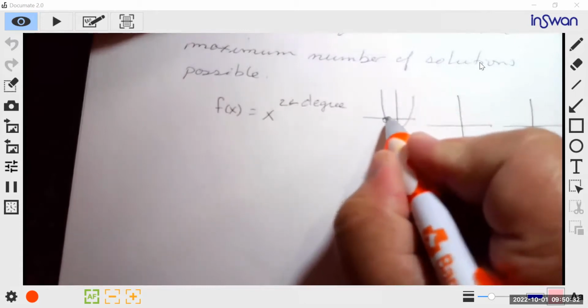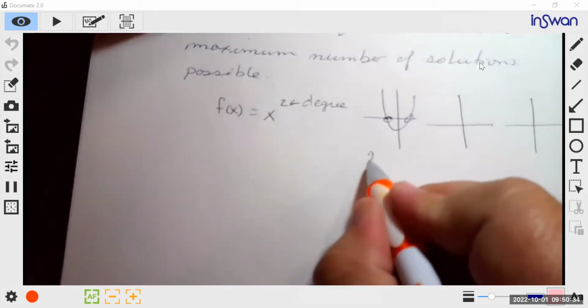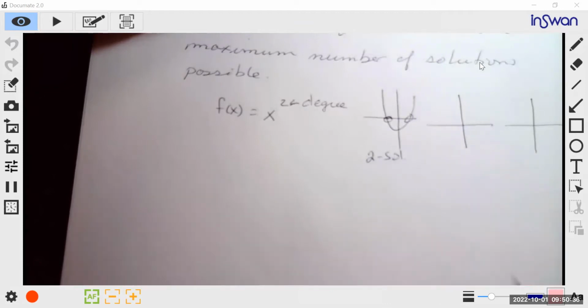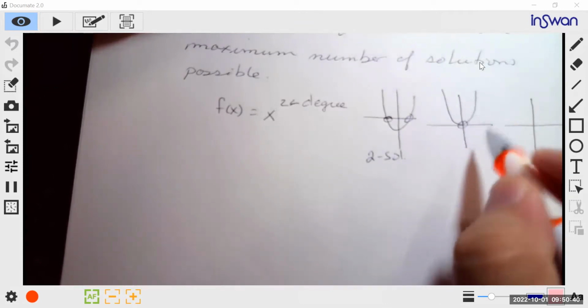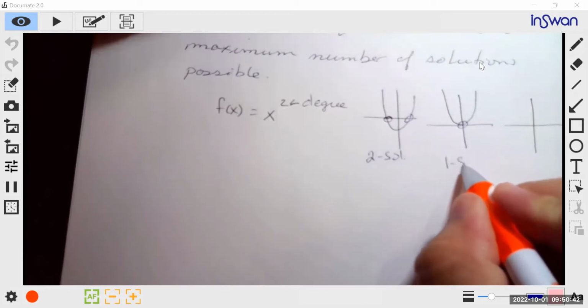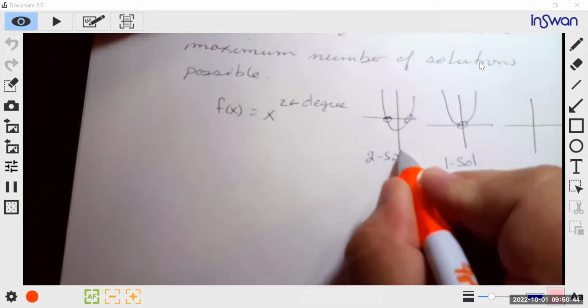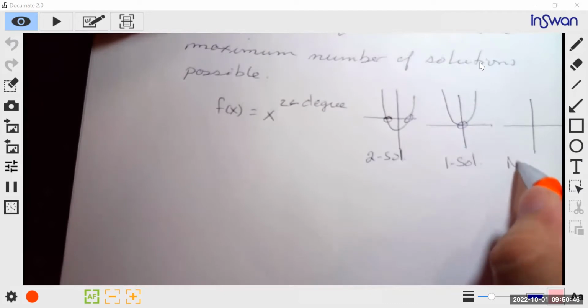I can have 2 solutions this way. I could have only 1 solution. Or I can have no real solutions.